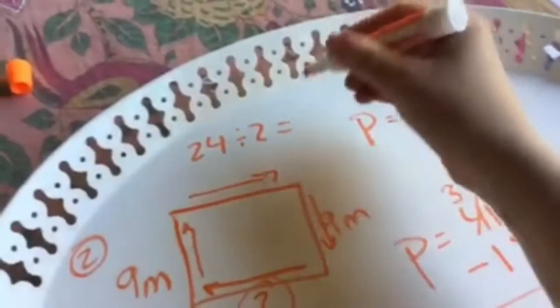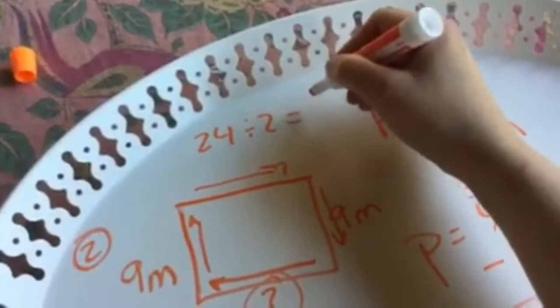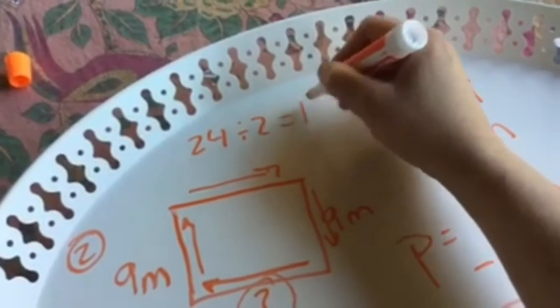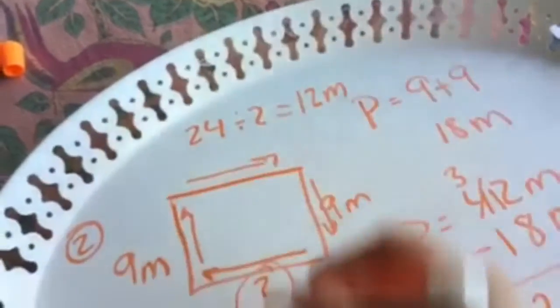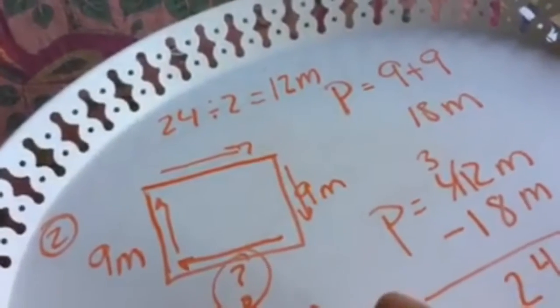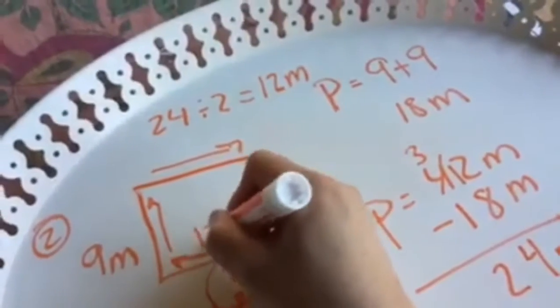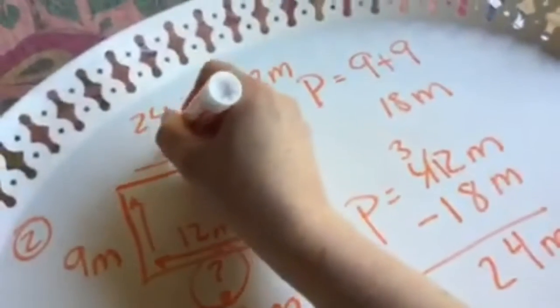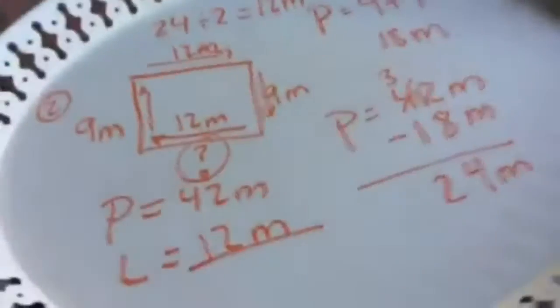And hopefully most of you have done this in your head now and you've said, well, 24 divided by 2 is 12, and that's 12 meters. And I know that my length is 12 meters. And I could go ahead and label each of these sides. And that would be my answer to number 2 on lesson 13.4.